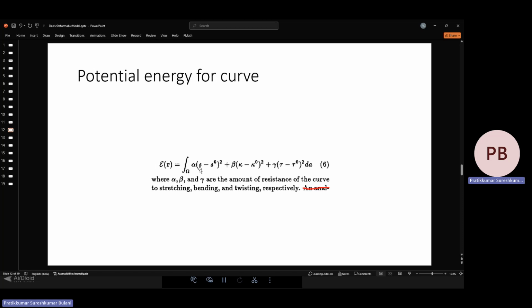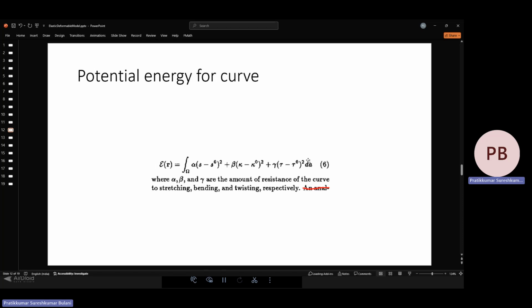Similarly, this is for the curve. S is the arc length, the 1 cross 1 length tensor. Then kappa is curvature, and tau is the torsion.